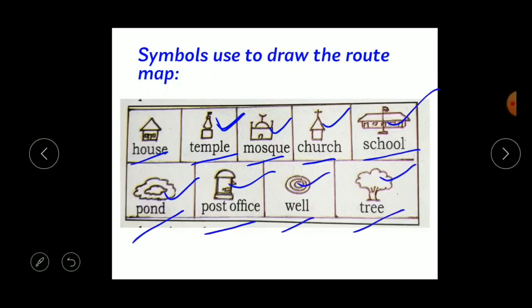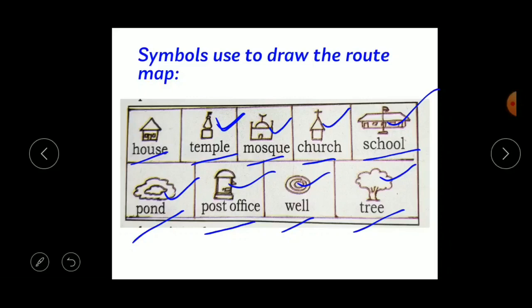Okay, instead of drawing the whole tree or the whole well in the map, you can use the symbols to draw the map. Okay, children, these are the symbols which we are going to use to draw any map.